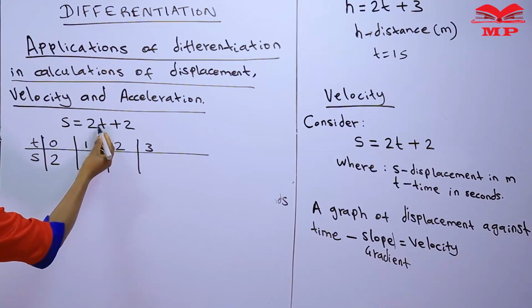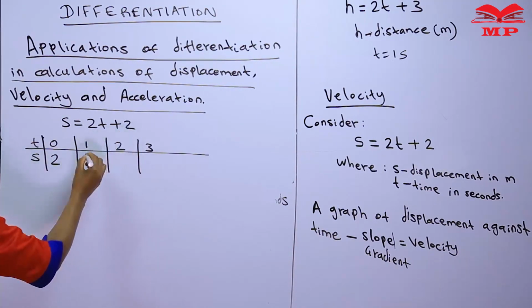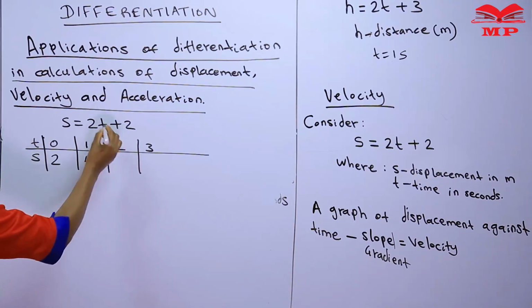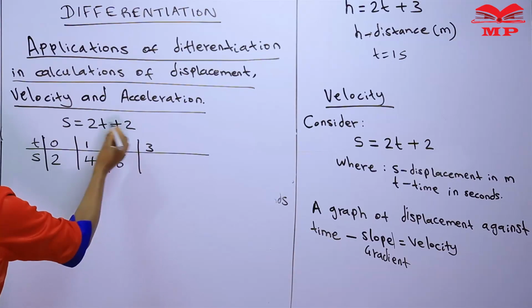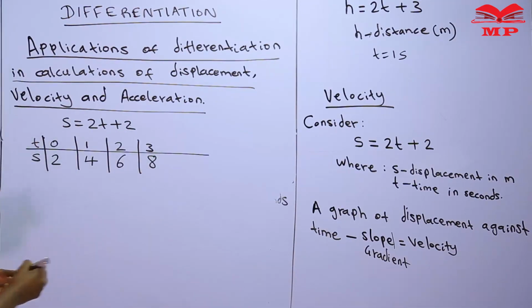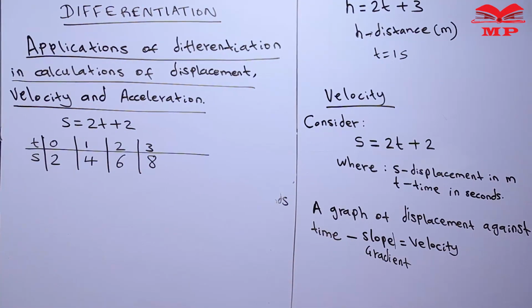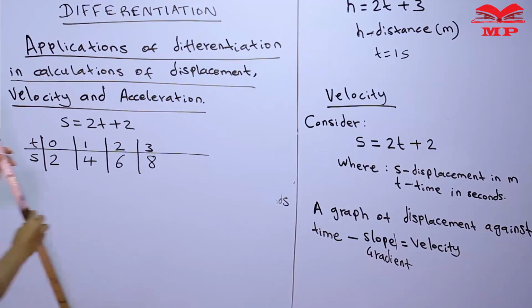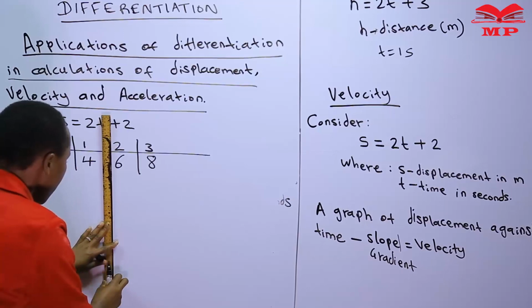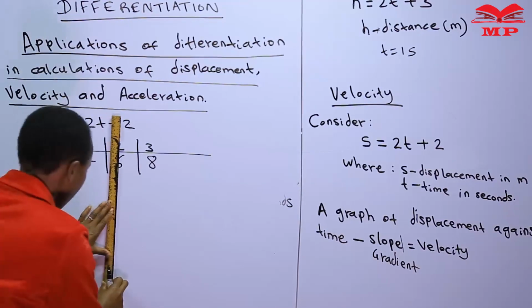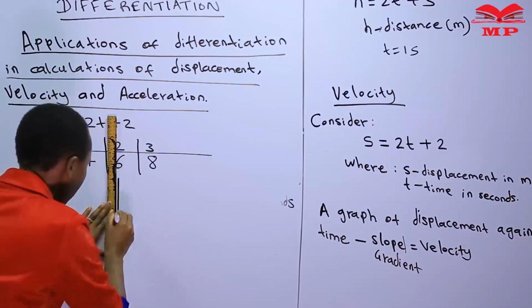When t is 1, we have 2 plus 2, 4. When t is 2, we have 4 plus 2, 6. And when t is 3, we have 6 plus 2, that is 8. Then we can have the plot for our displacement time graph this way.